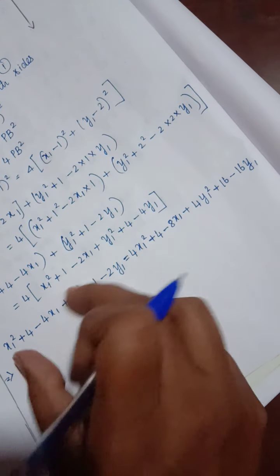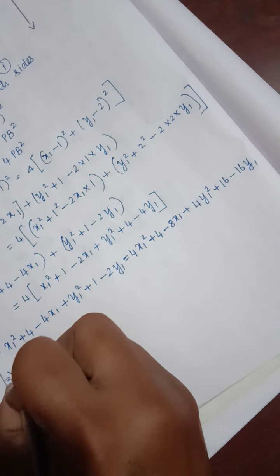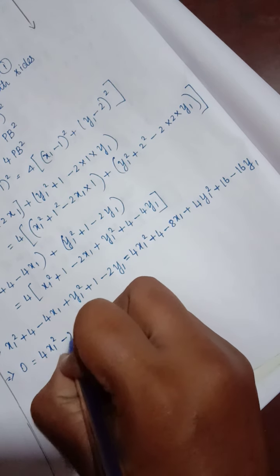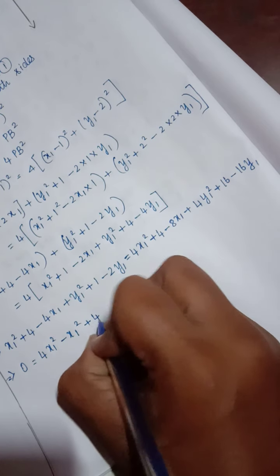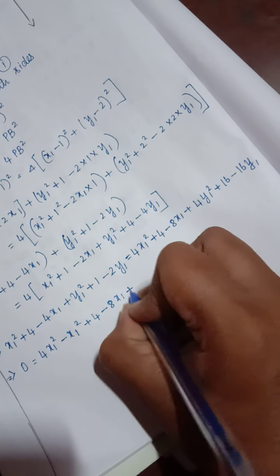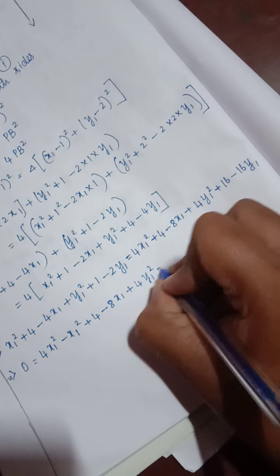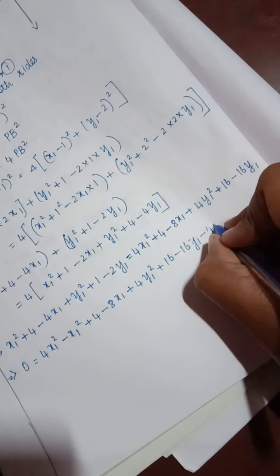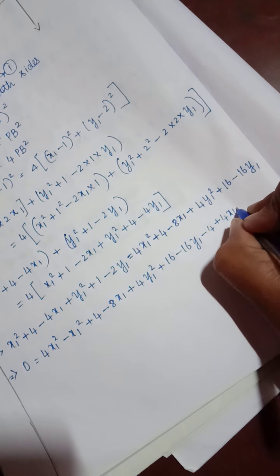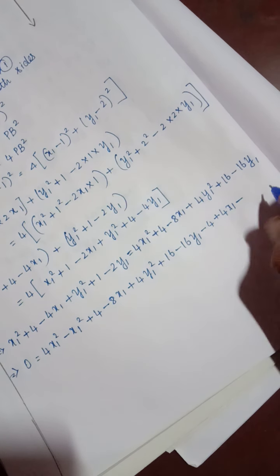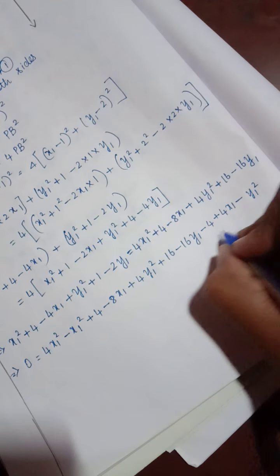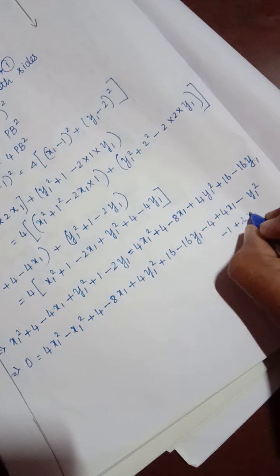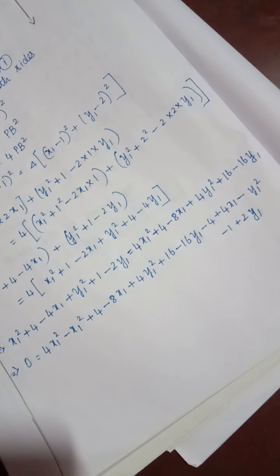So 0 equals 4x1 square minus x1 square plus 4 minus 8x1 plus 4y1 square plus 16 minus 16y1, then minus 4 plus 4x1, then minus y1 square, then minus 1, then plus 2y1. This is what you will get.